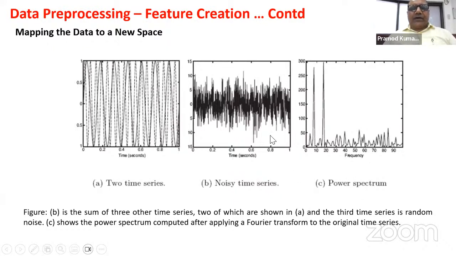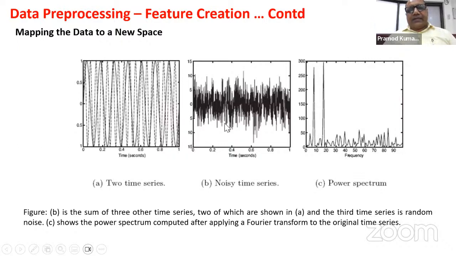You see that when noise is added, it is now not at all possible to find these particular patterns. Obviously, seeing this data, we will not be able to know that these two different patterns are there. If, instead of the Cartesian coordinate system, I represent it in the frequency domain, it will be represented in this way.